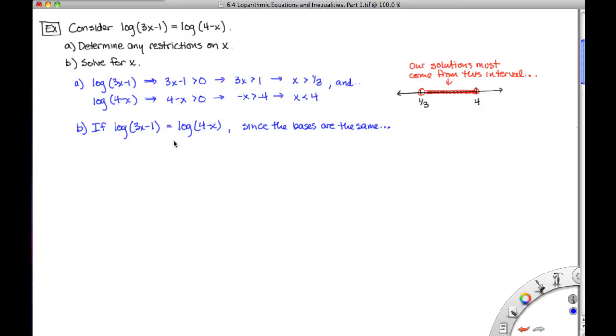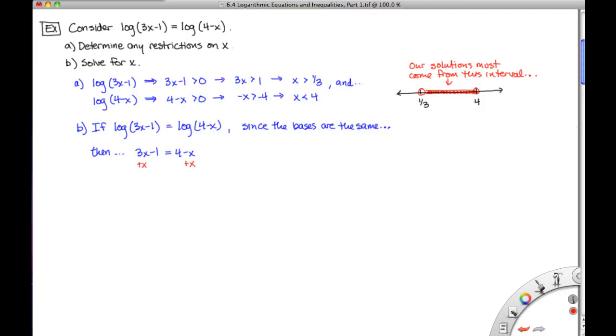So in this particular case, we can go ahead and we can say then 3x minus 1 has to be equal to 4 minus x. These have to be equal in order for us to maintain the original argument. So now we can just go ahead and take this and solve this equation for x. I'm going to go ahead and get all my x's on one side and my constants on the other side.